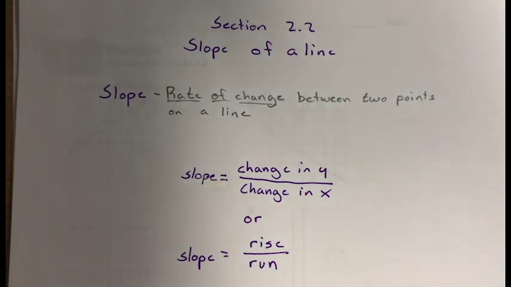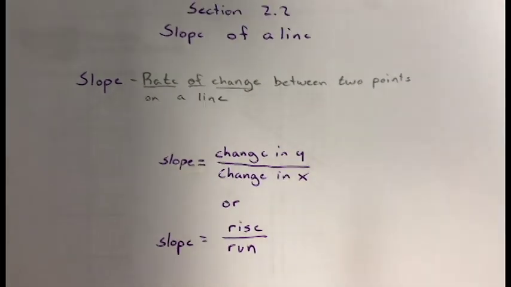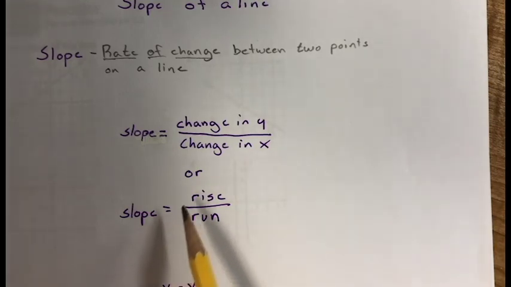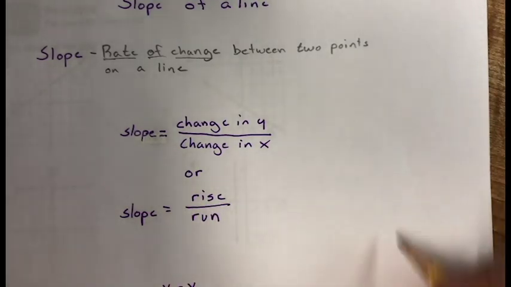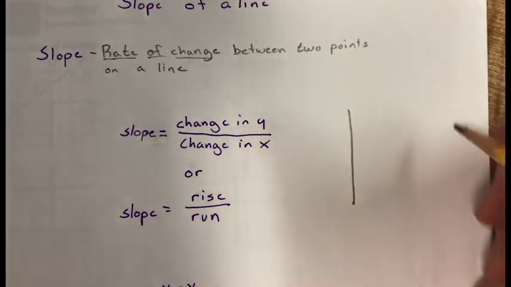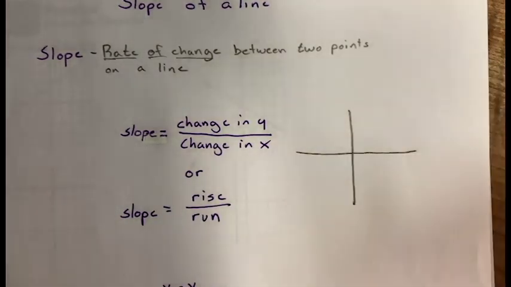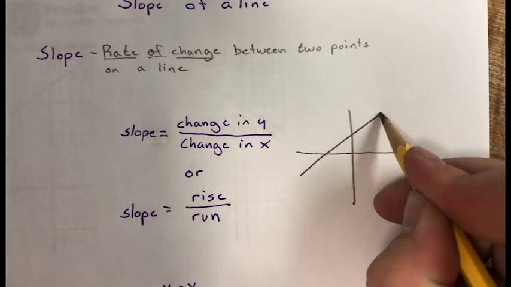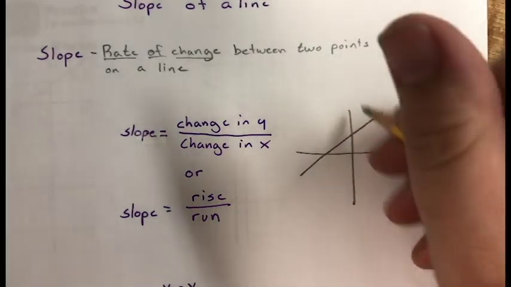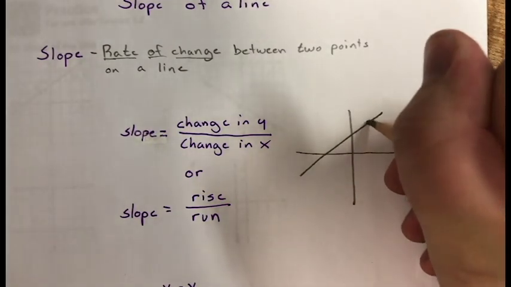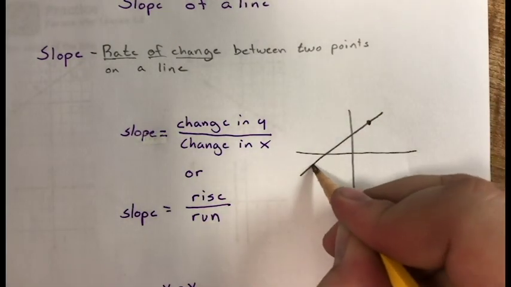All right, and the way we do that with a graph is we look at what's called the change in y versus the change in x. Another way we say it is the rise over run. So if I have a y-axis, here's my x-axis, and I have some random line like this, I'm going to look at these 2 points.